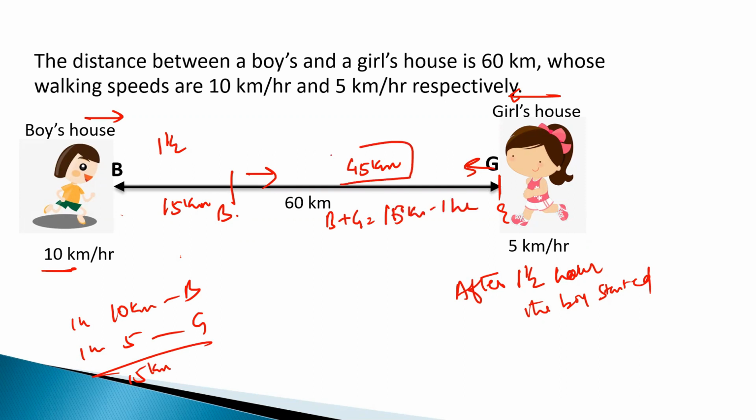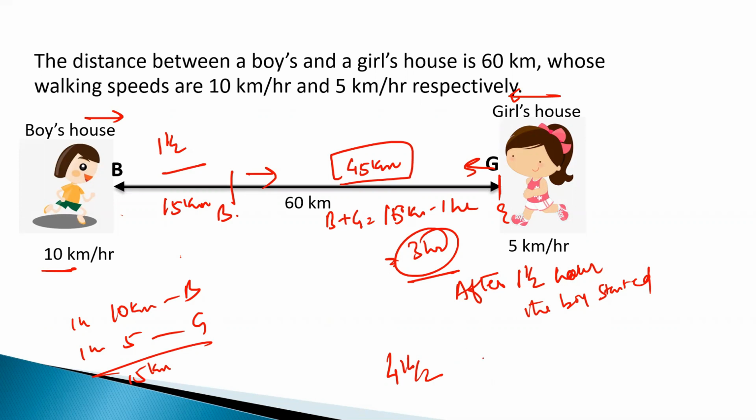So to cover 45 kilometers, they will take 3 hours. So the total time taken to meet each other is nothing but 4.5 hours: 3 hours here and 1.5 hours here make 4.5 hours to meet each other.